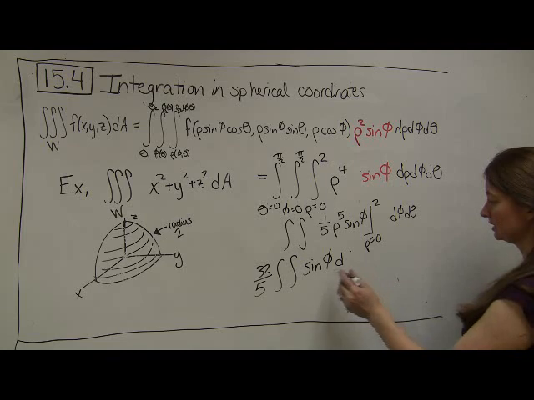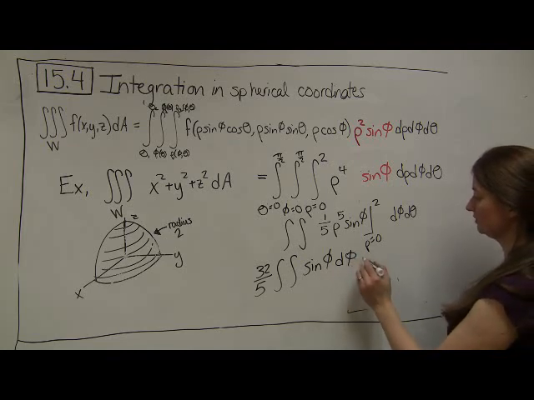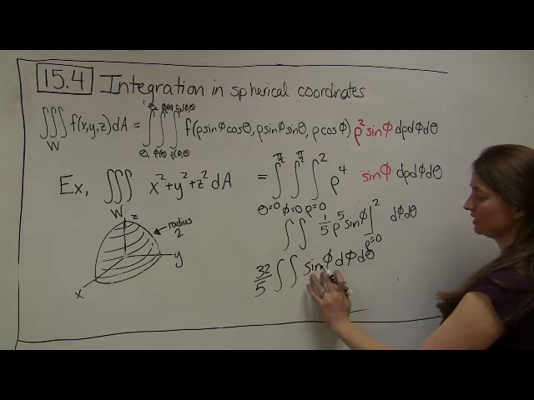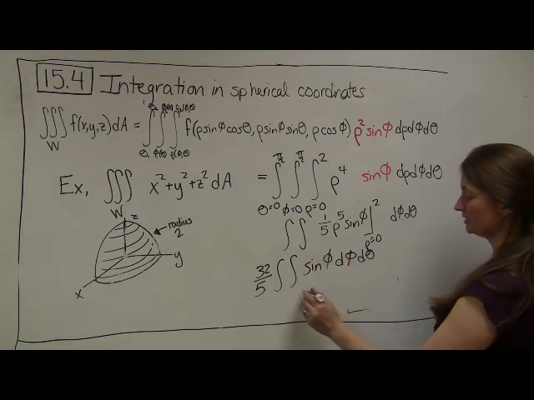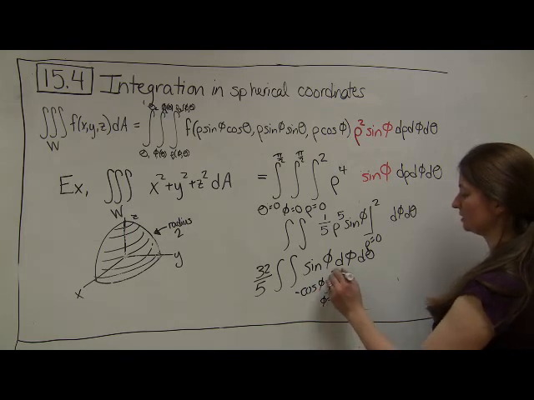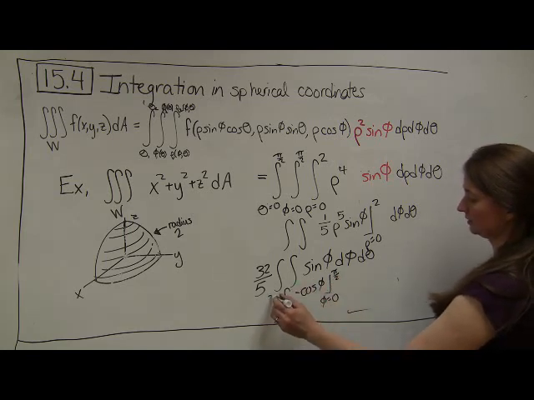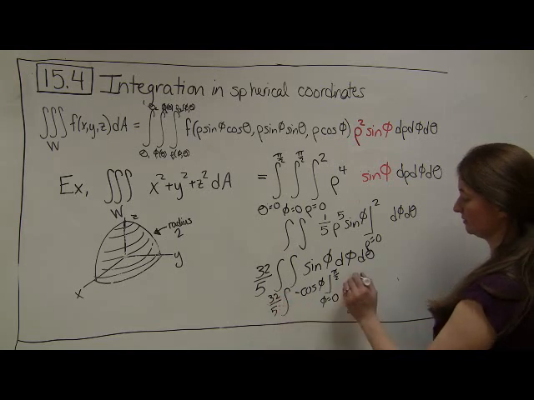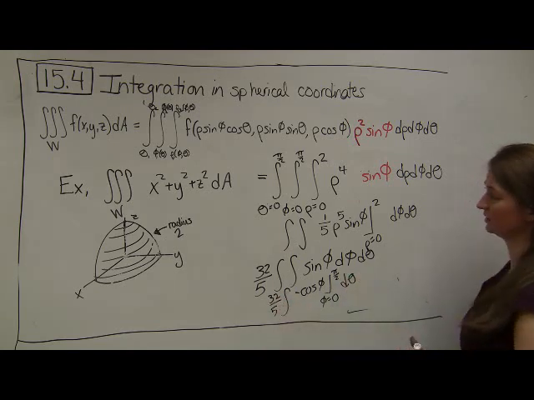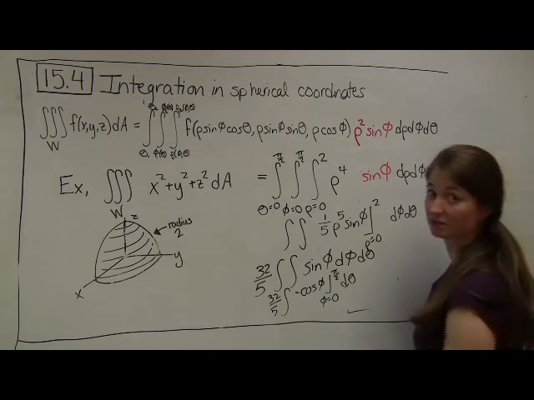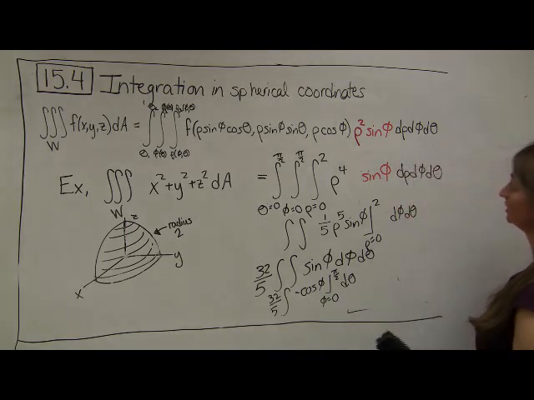So when I integrate this sine of phi with respect to phi, the integral of sine is negative cosine, so I get negative cosine phi evaluated from phi equals 0 to pi over 2. The cosine of 0, wait, maybe I should be a little less sloppy. I'm getting a little tired of doing all these integration problems. You will as well at some point, I'm sure.